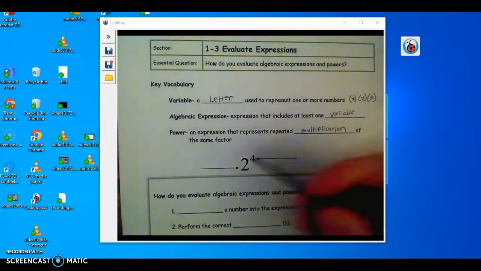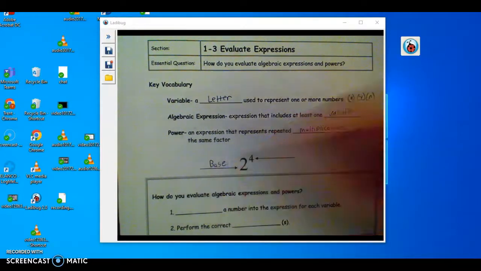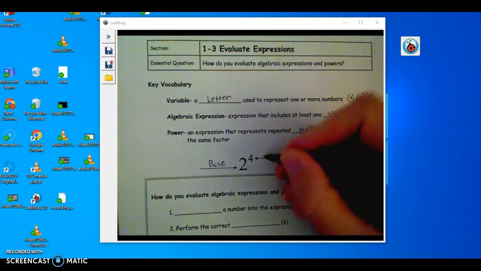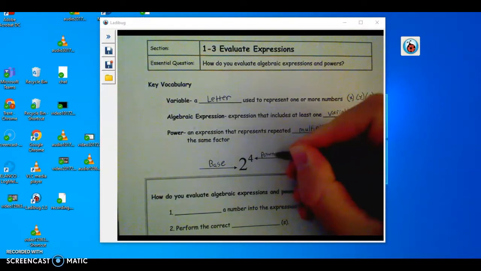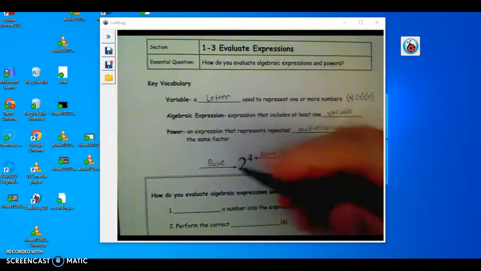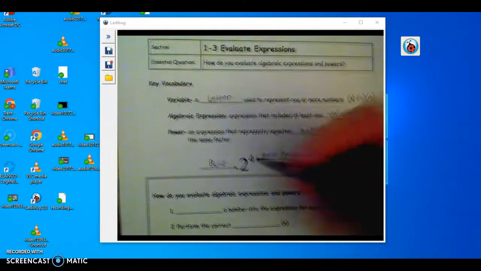So for example, 2 to the power of 4, 2 we would call the base. 4 we would call the power or exponent, power slash exponent. And that just means we're taking the base and multiplying it by itself 4 times.